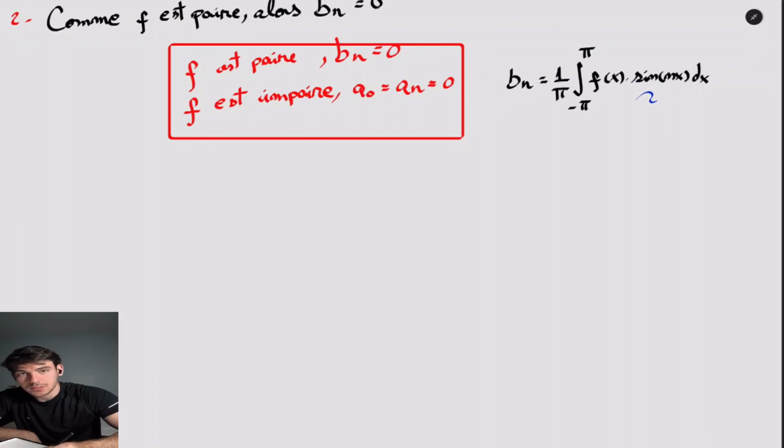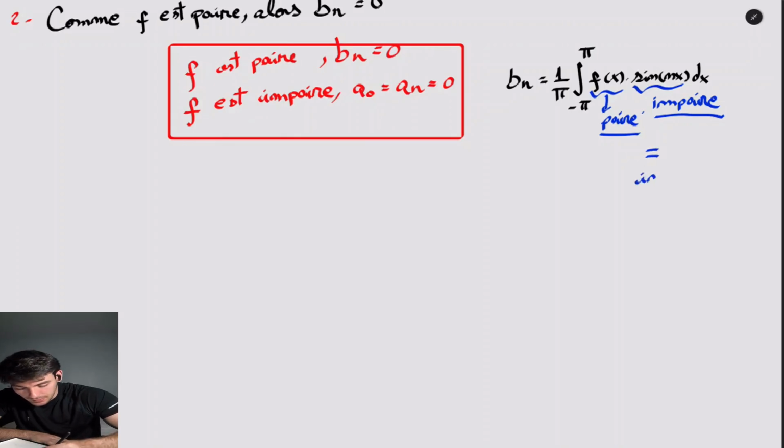The sine function is an odd function, so this is odd. F of x, let's assume it is pair, so it's the case of the exercise we're dealing with. So here we are integrating a product of a pair function and an odd function. So odd times pair function equals an odd function.